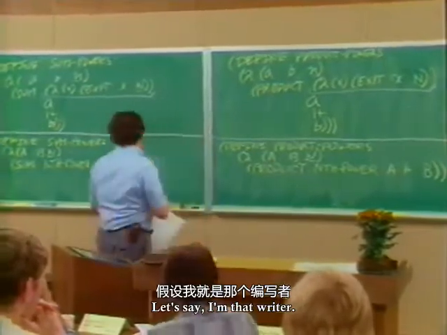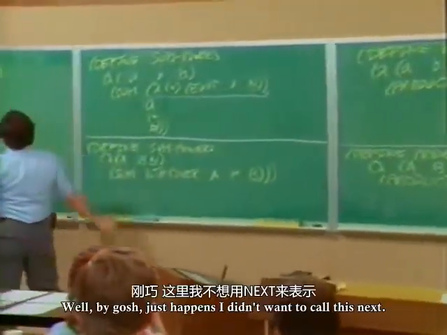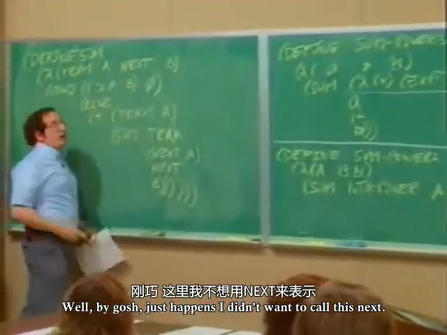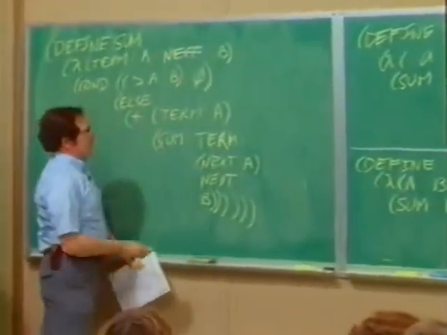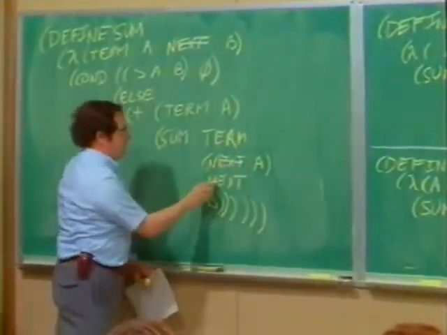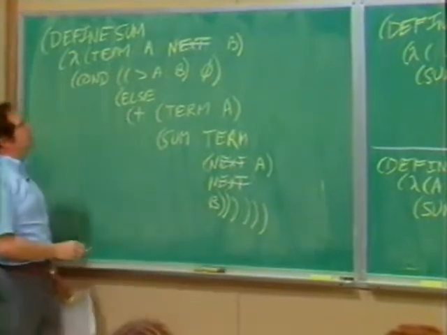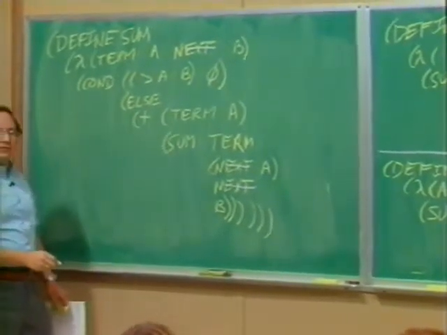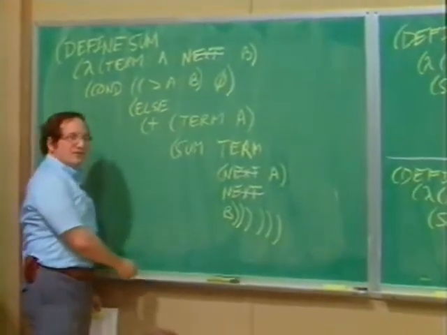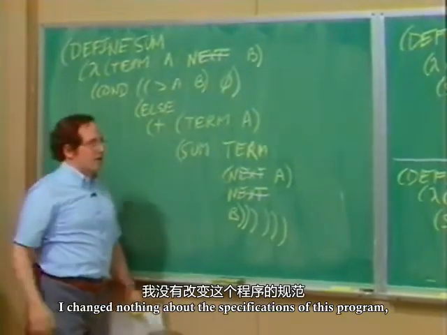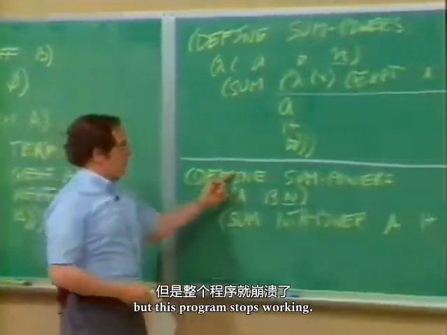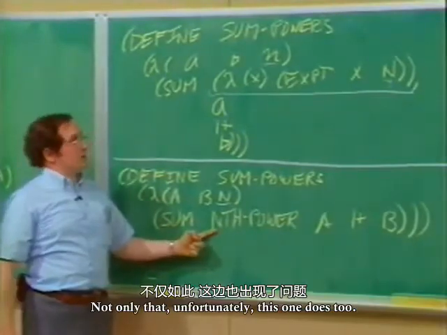Let's say I'm that writer. Well, by gosh, it just happens I didn't want to call this next, I called it n. Okay? So all places where you see next, I called it n. Oops. I've changed nothing about the specifications of this program, but this program stops working. Not only that, unfortunately, this one does too.